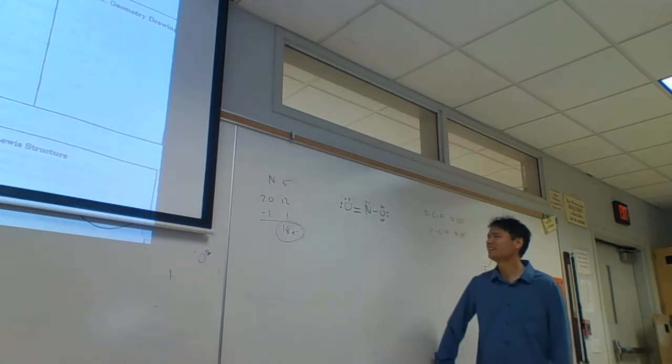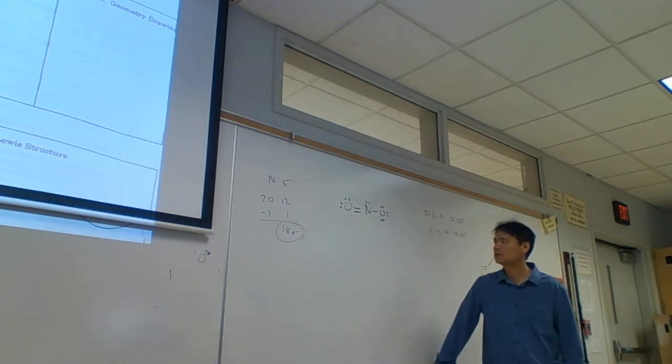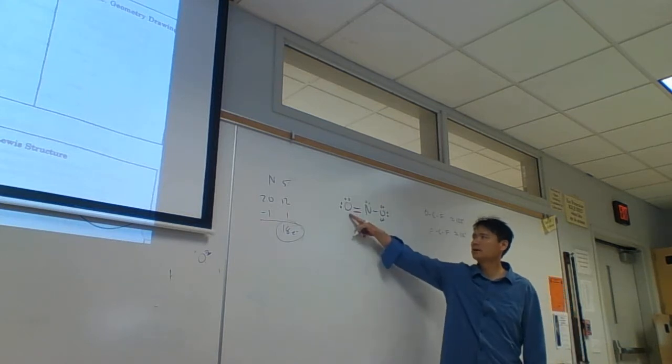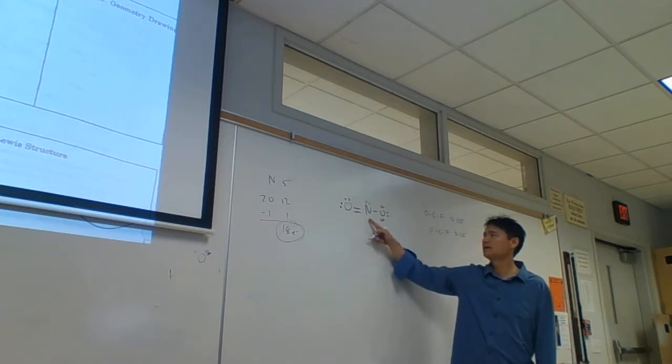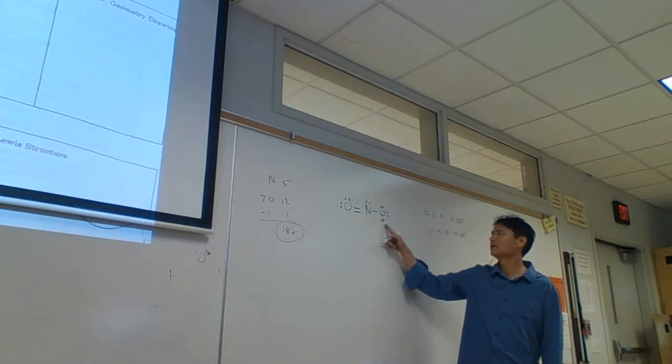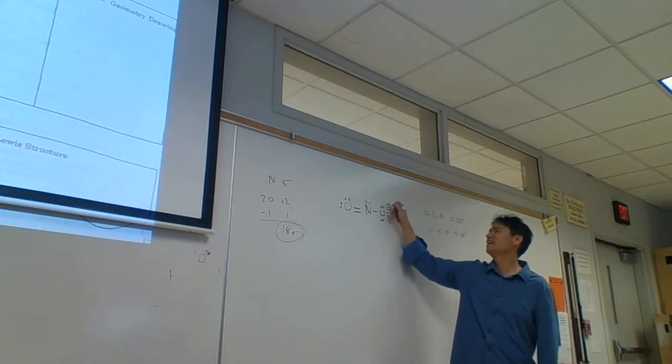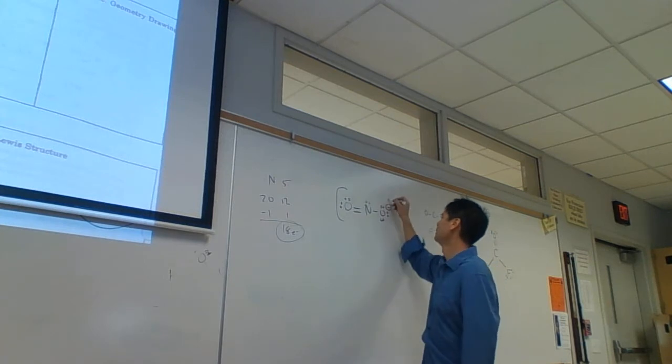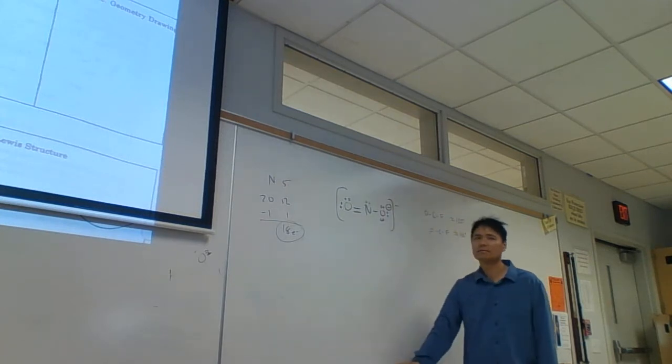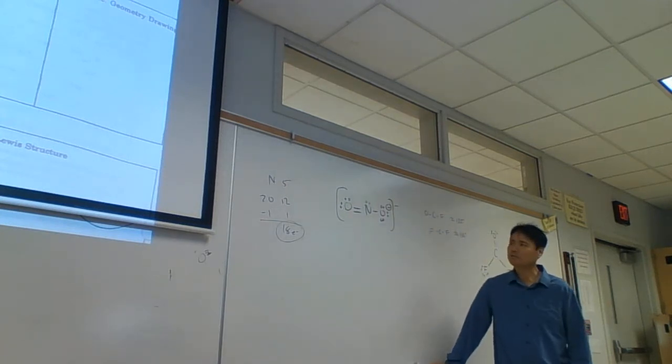Now we have an octet, but what are the formal charges? Well, this one has a negative. We need a negative because the whole thing has to be -1. It's an ion. But why did we pick oxygen 1? Why didn't we pick oxygen 2?